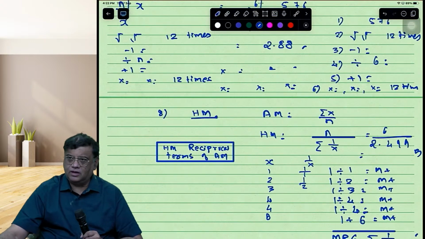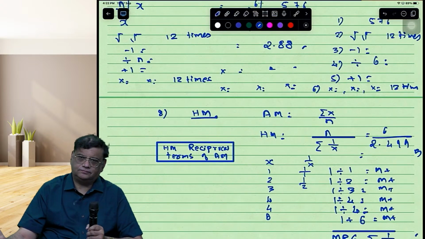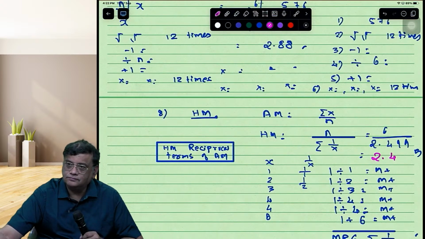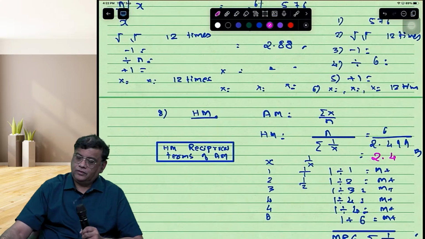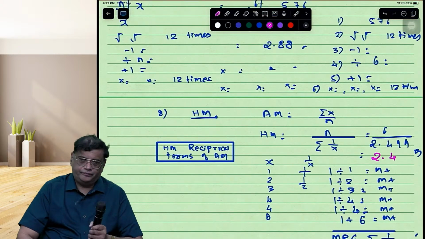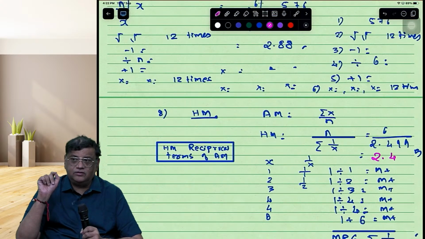So what is that? 2.4, चलो 2.4, तो ये हो गया हार्मोनिक मीन. Is that clear?